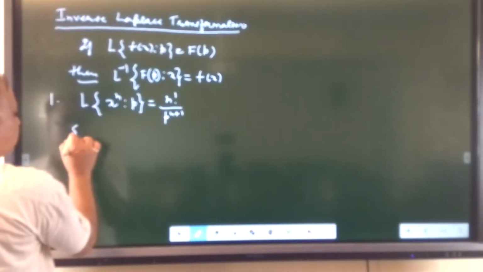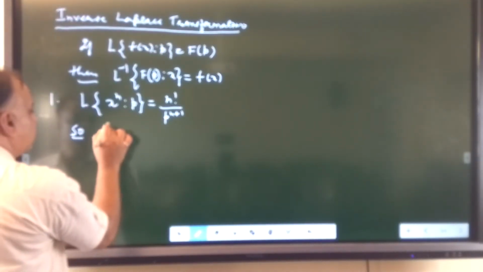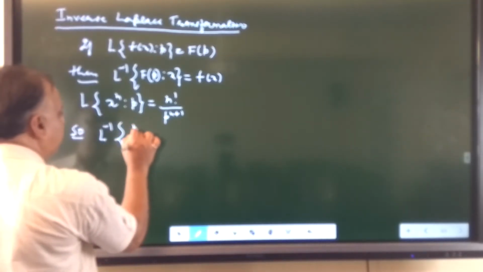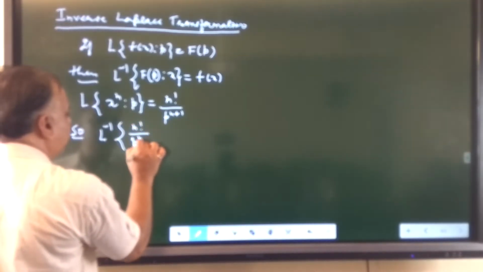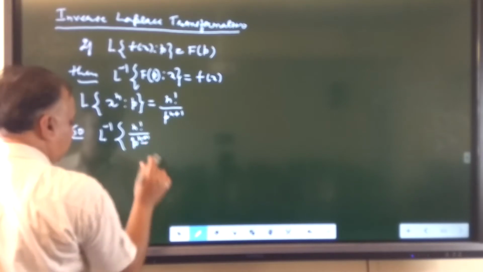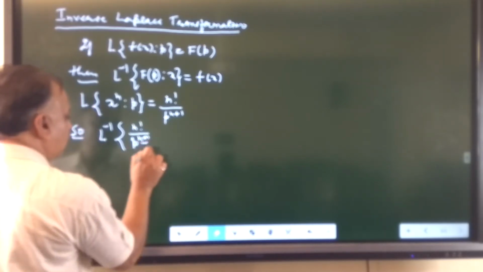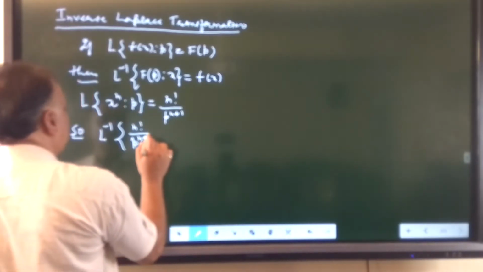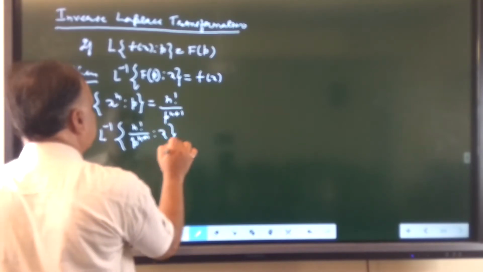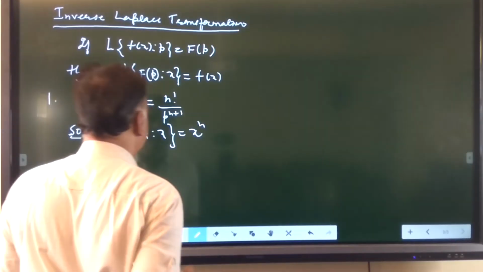So, inverting this, the inverse Laplace transformation of factorial n upon p raised to n plus 1 with respect to x is equal to x raised to n.